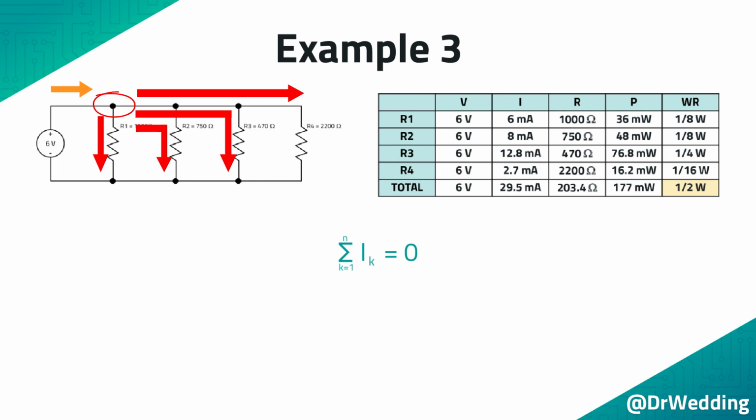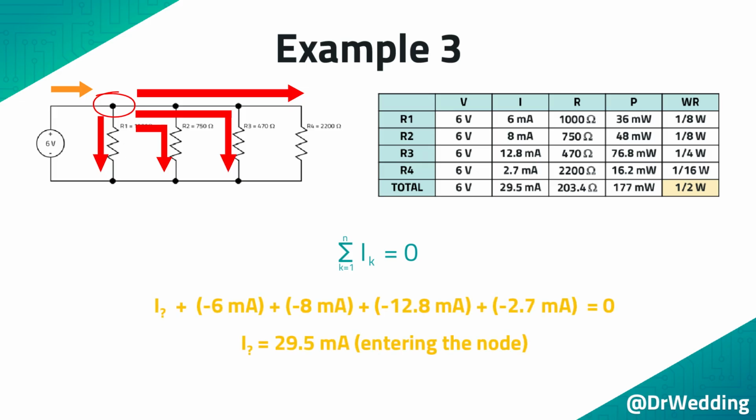The orange current is the current that is feeding the node. To use Kirchhoff's current law, we add up these 5 currents, where the currents entering the node are positive and the currents exiting the node are negative. To make this equation equal to 0, the unknown current is positive 29.5 milliamps. Because this current is positive, it is entering the node.